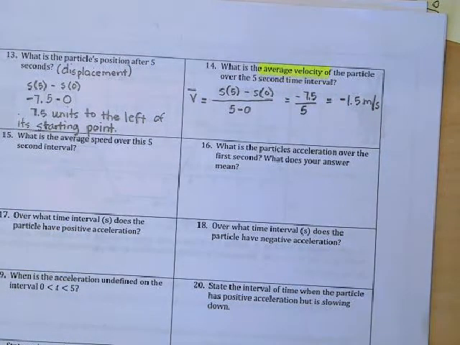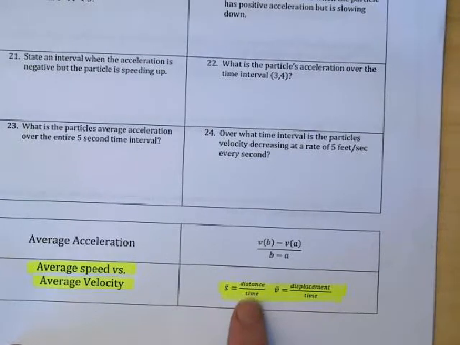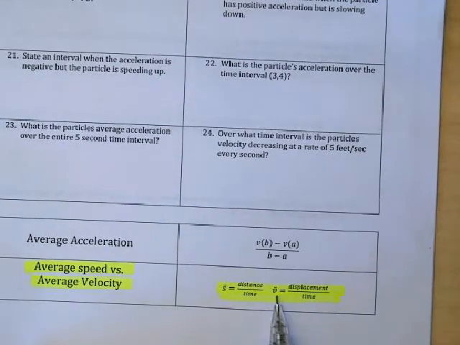Okay, the average speed. There's a big difference here between average speed versus average velocity, so watch out for that. I made a little note down here that if you're doing average speed, you want distance over time. If you're doing average velocity, you want displacement over time.